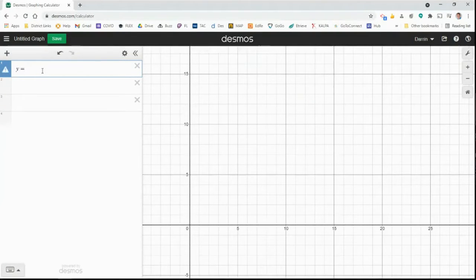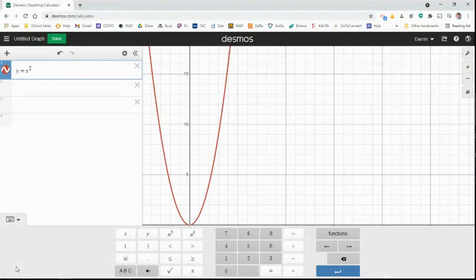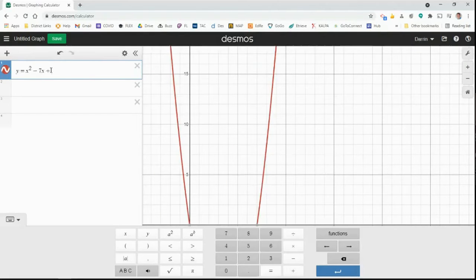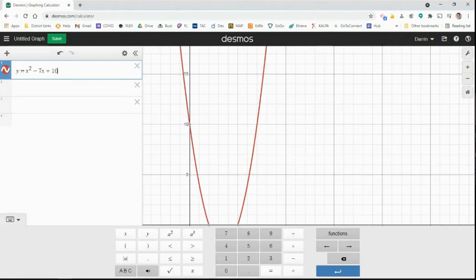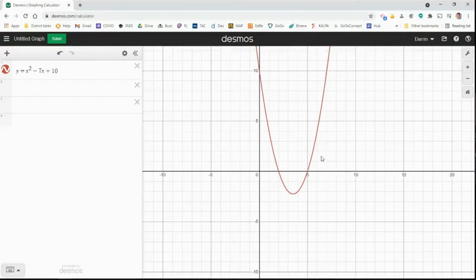Y equals x squared, you can also use the little a squared down here, or you can use shift 6 to make the squared part, minus 7x plus 10. Okay, so I'm going to hide your little keyboard. So there's the first equation we have in our two equations. And the second one was linear, and it was 3x plus y equals 7.